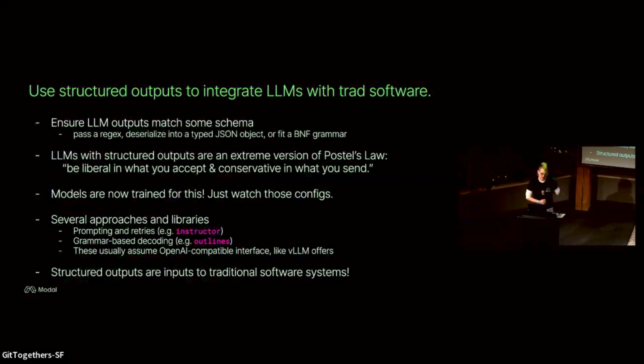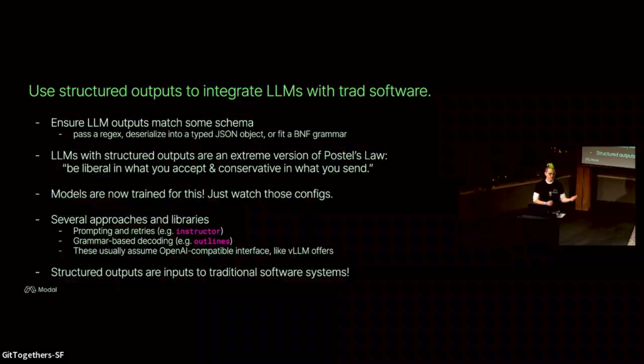So the key thing here is structured outputs, ensuring that LLM outputs match a schema. For example, they pass a regex, they do or do not contain a particular value, they can be serialized and deserialized into a typed JSON object, they fit a Backus-Naur grammar. These are all things that you can add to LLM outputs very straightforwardly.